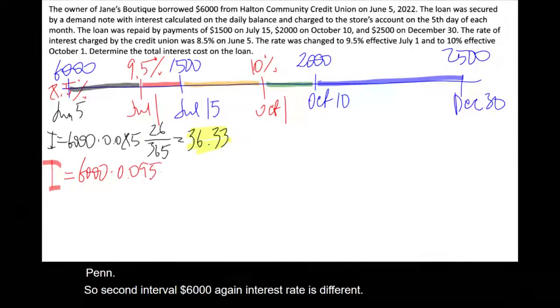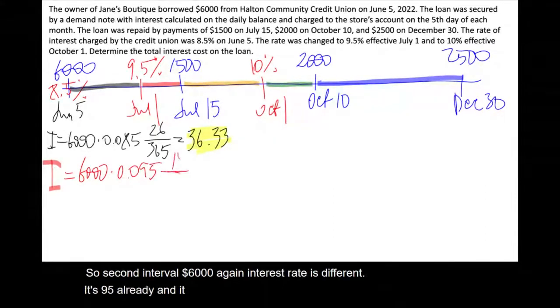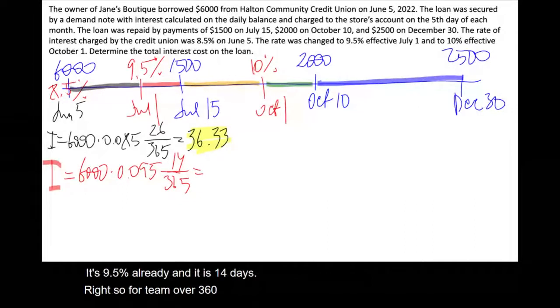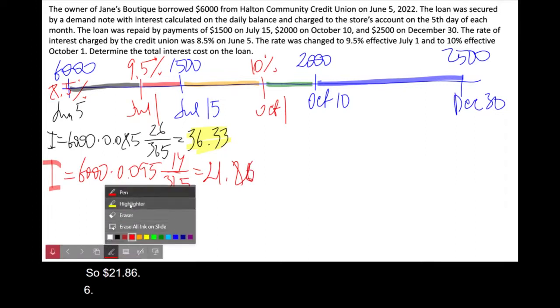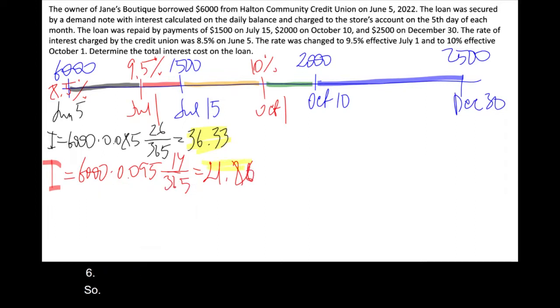It's 9.5% already, and it is 14 days. Right, so 14 over 365. So $21.86. I highlight this value again.